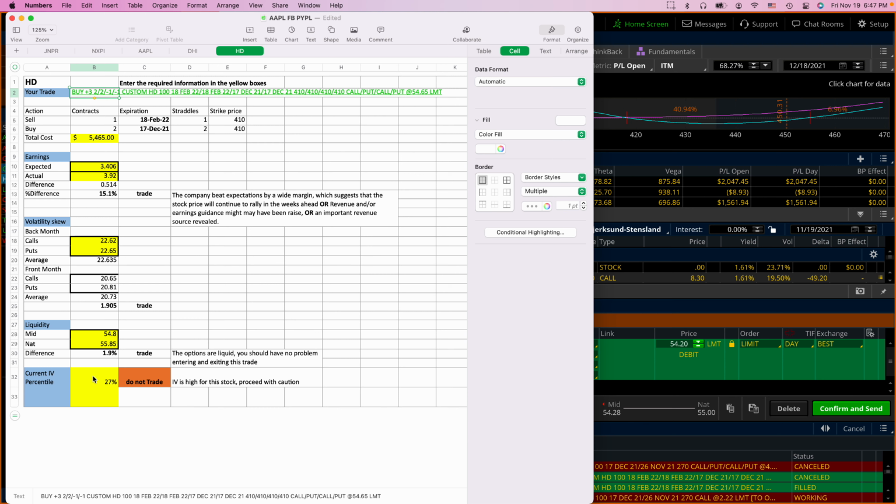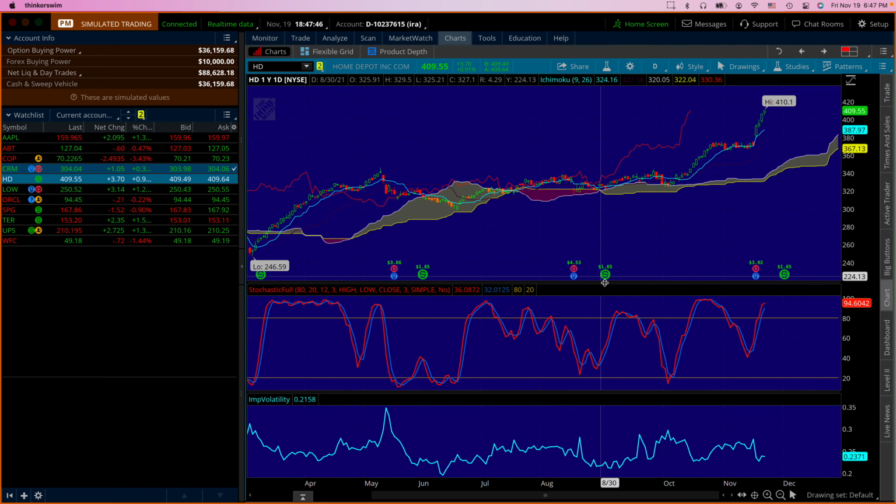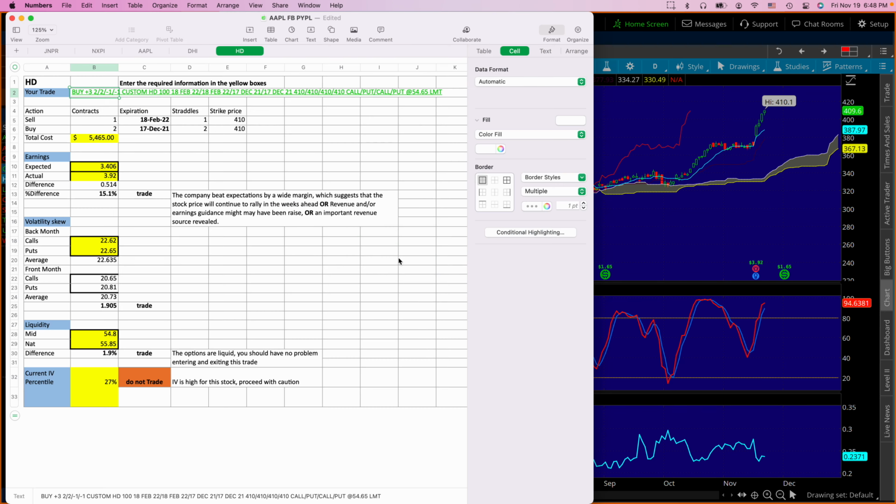That's tradable. The only thing that didn't quite match my hope is the volatility being still a little high. What you would want is somewhere at the bottom of the range, somewhere in the lower to mid area, which is okay, but it's not ideal. So I put it here in orange.